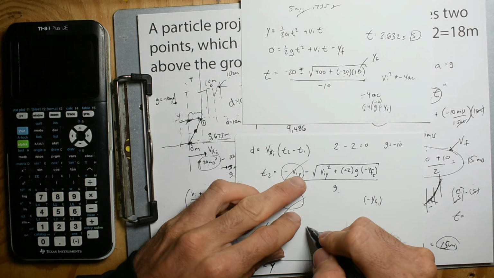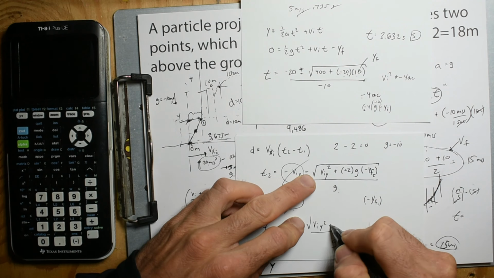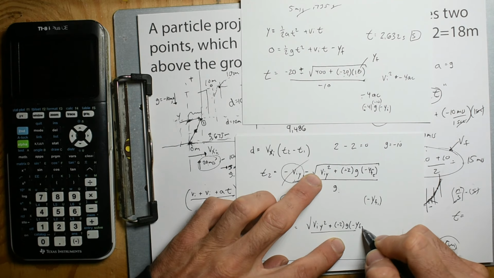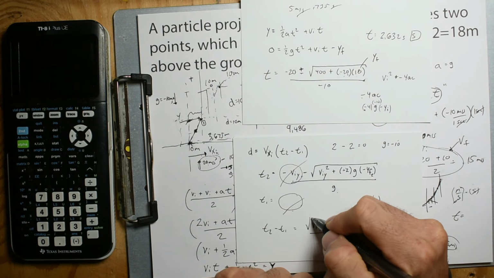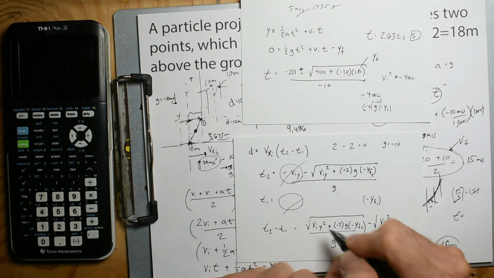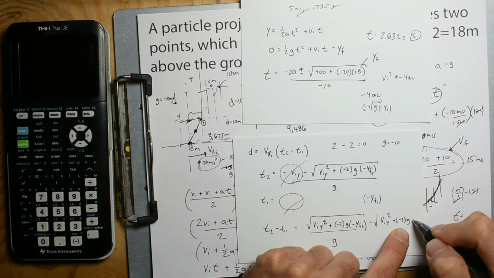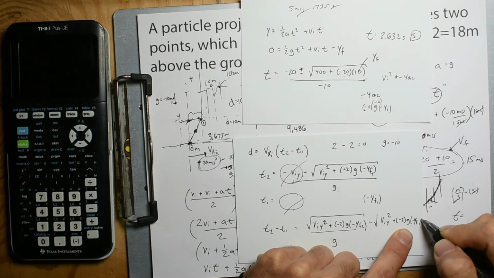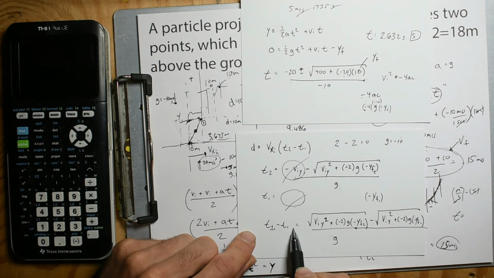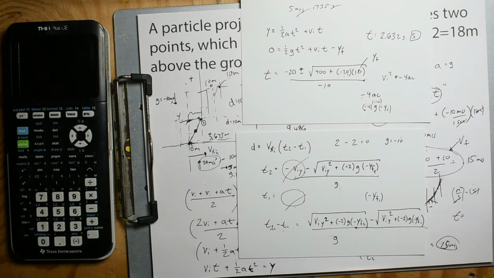But then we have the square root of v1y squared plus negative 2g negative y final 2, and then we're going to subtract the square root of v initial y squared, sorry, this is squared, plus negative 2g negative y final 1. And this is all divided by g. So that's T2 minus T1, and then we're going to multiply it by Vx1.